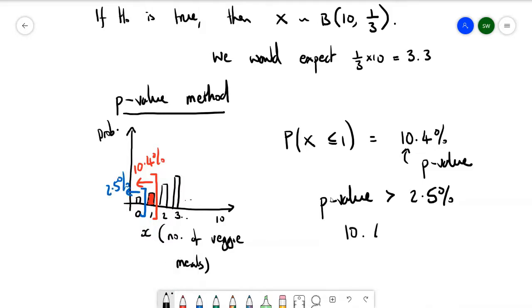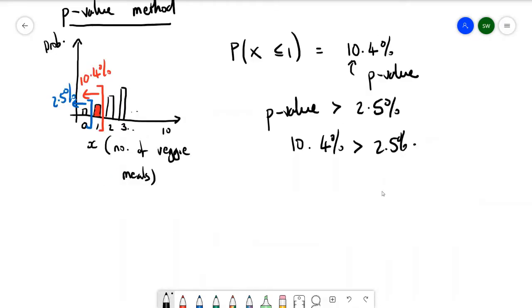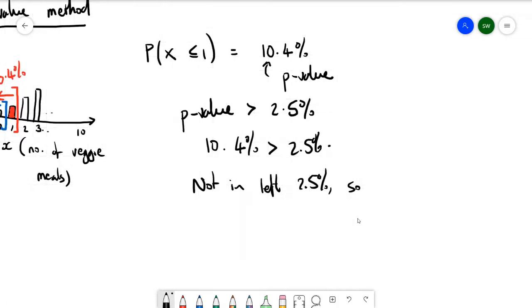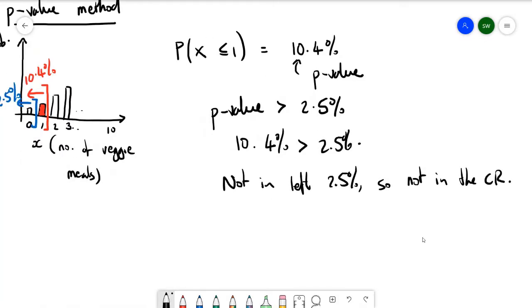So we're going to say 10.4% is greater than 2.5%. So we're not in the left 2.5%. So we're not in the critical region. So that means that 1 wasn't small enough to convince ourselves.